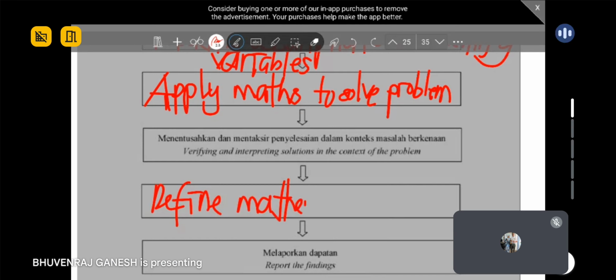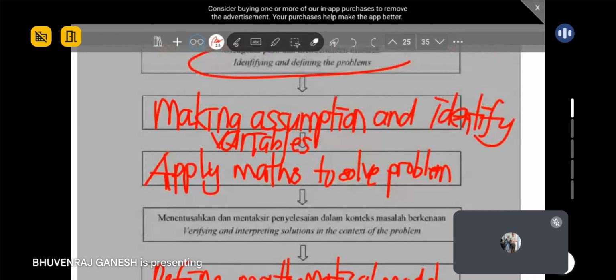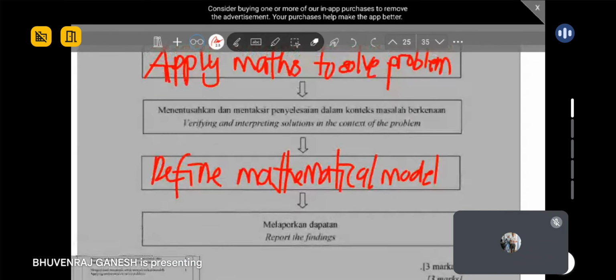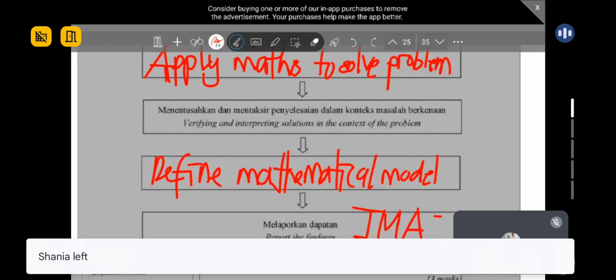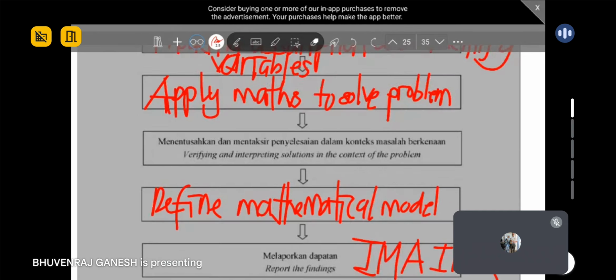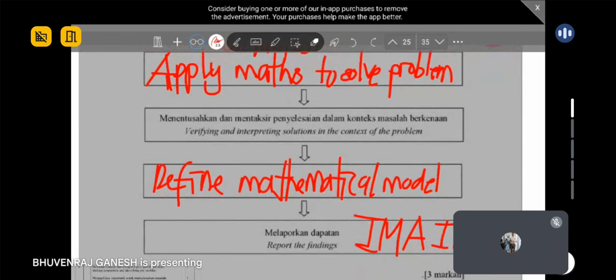So these are your steps. Remember, objective questions like to ask. Dia akan tanya soalan objektif this chapter, Form 5 chapter 8. So you must know the steps of your mathematical modeling. In total you have 6 steps, 6 langkah. So usually I give you the acronym. For English, this is the acronym: IMA, IRR.